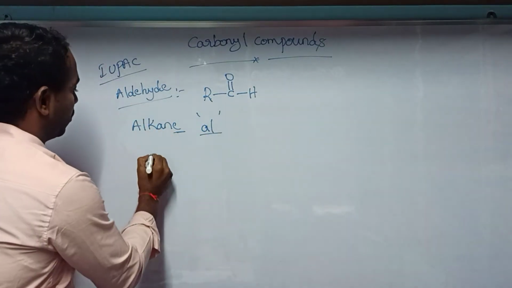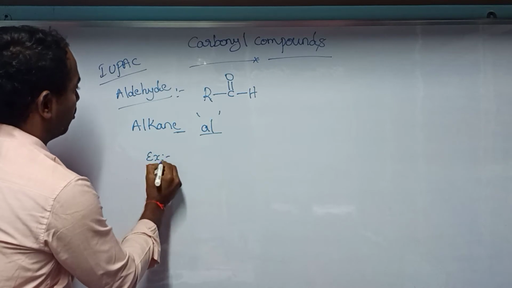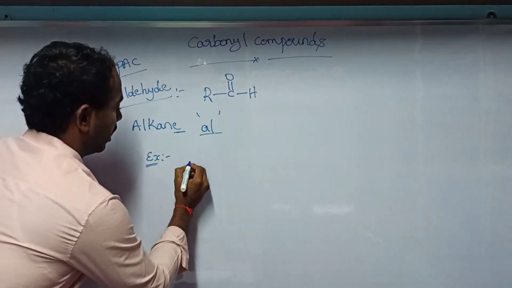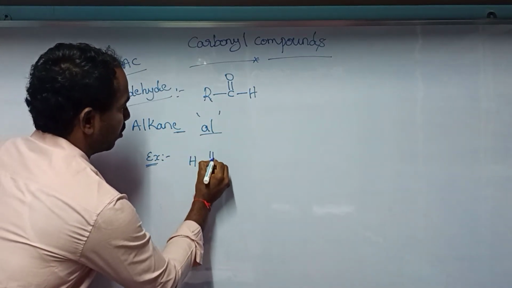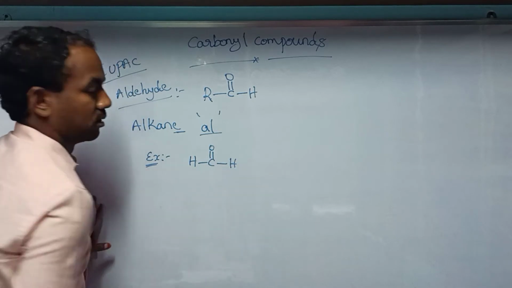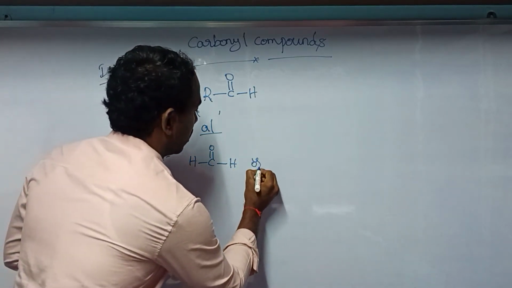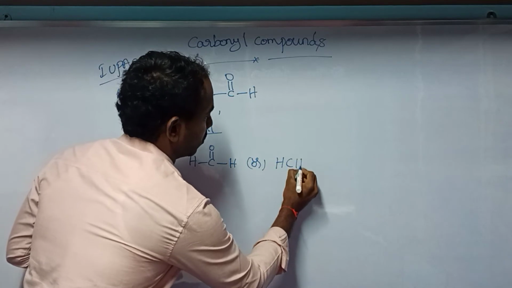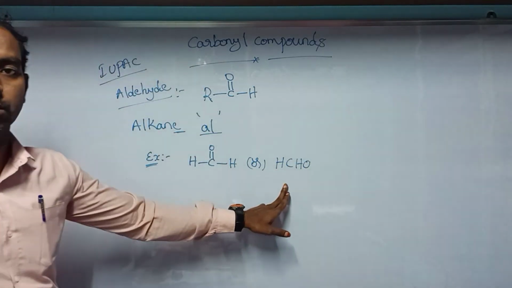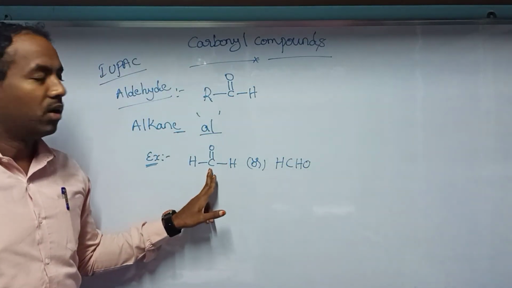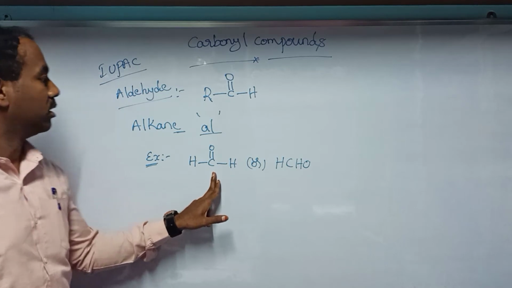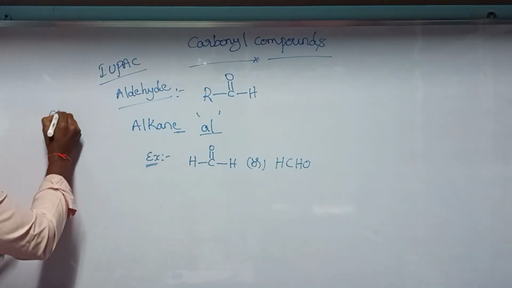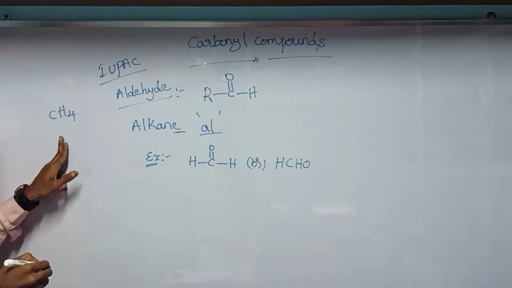So we'll discuss one example. Example for aldehyde: here I am writing H C double bond O H, or otherwise HCHO. How many carbons are there? Only one carbon atom is present. Alkane with only one carbon atom, CH4, what is the name?